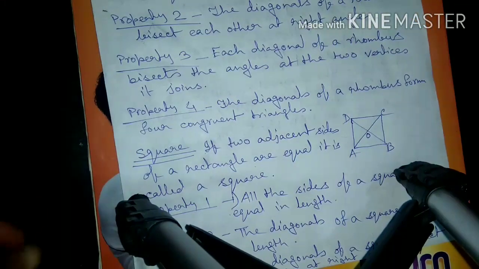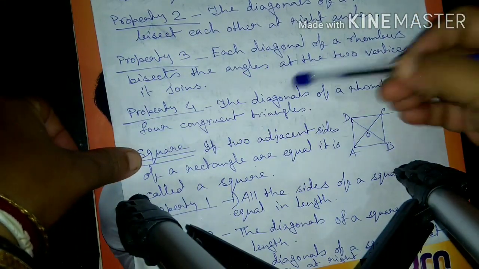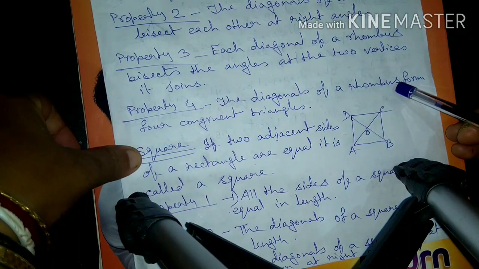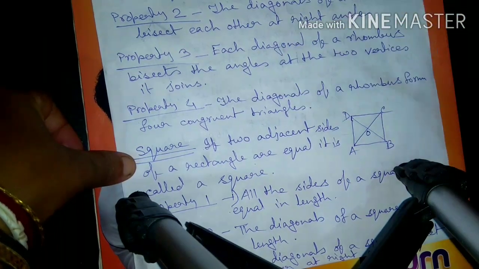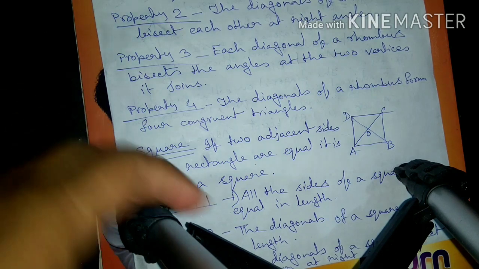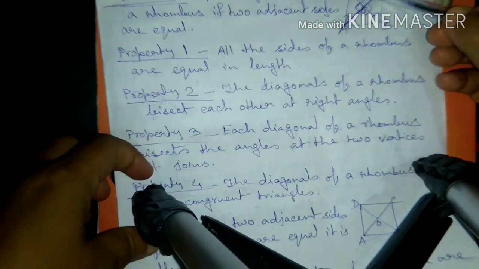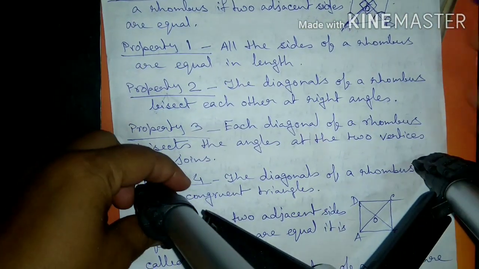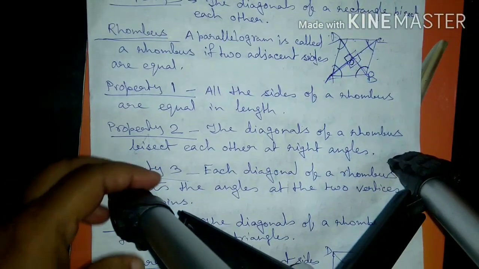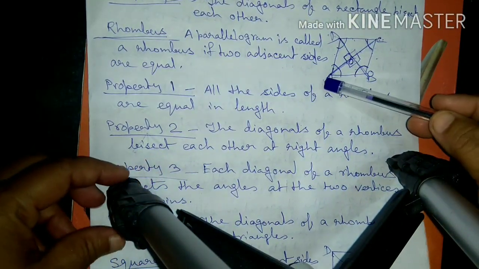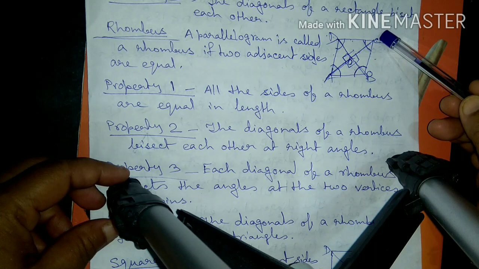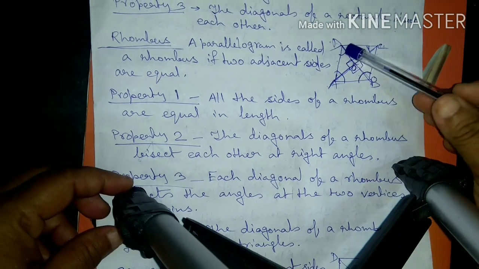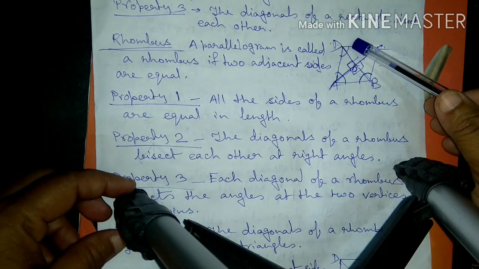Next comes property number 4. The diagonals of a rhombus form 4 congruent triangles. That means all these triangles are congruent, yes or no? Why? Because all are equal. Already we have seen OA equals OC, and OB equals OD, because they are bisecting.